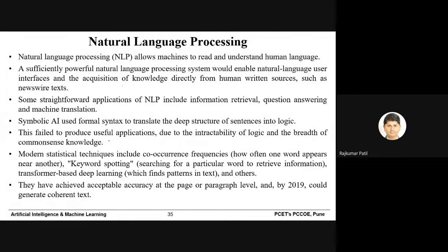If you want to get those accents, there are certain apps where, when you speak something, it will understand which mistakes you are making while pronouncing the words, and it will tell you these are the areas where you need to improve, and accordingly you can improve. So these are some examples of natural language processing.